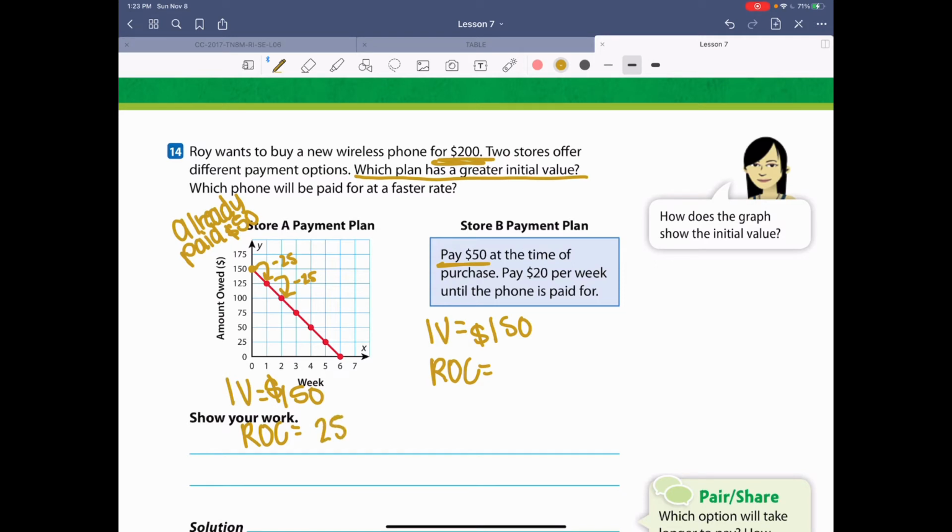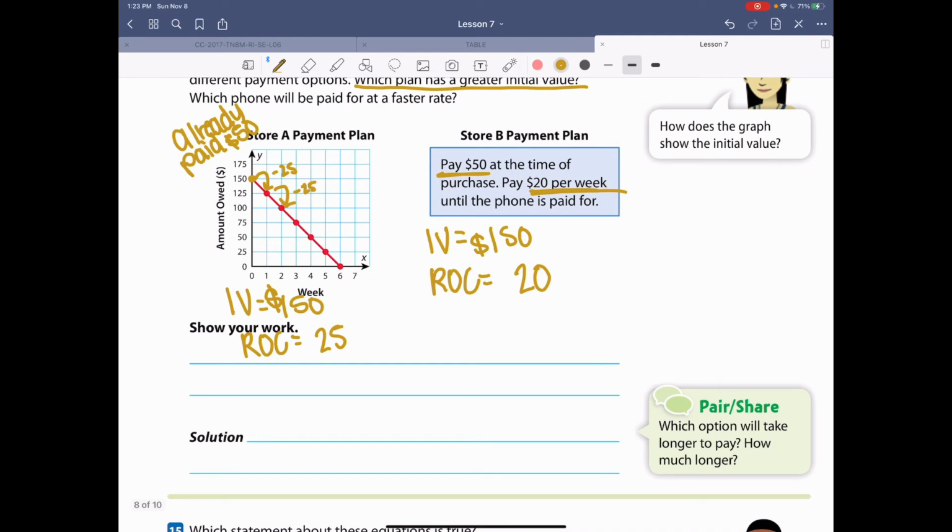And then we do the same thing for store B, but they already told us how much it is per week. It's $20 per week. So since they have the same initial value, we can't compare them there. But store A has a greater rate of change. So then that means that the phone he chooses to buy from store A, he will pay off quicker.